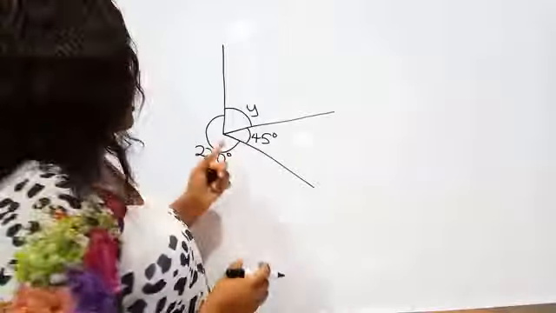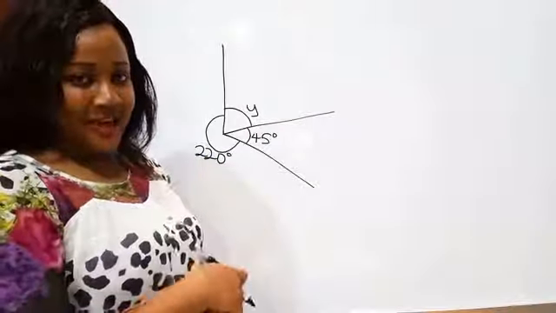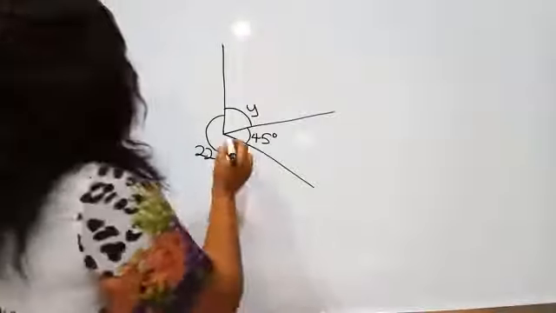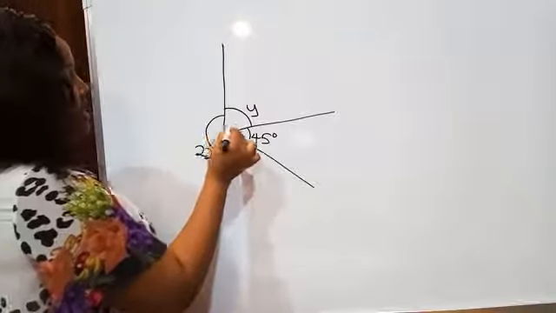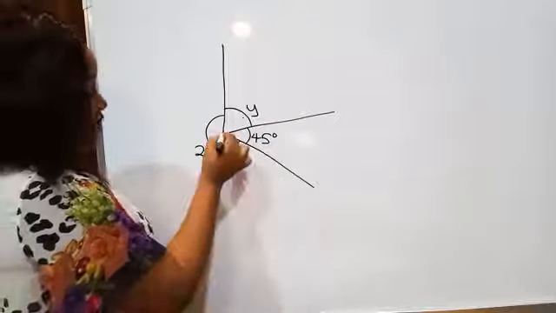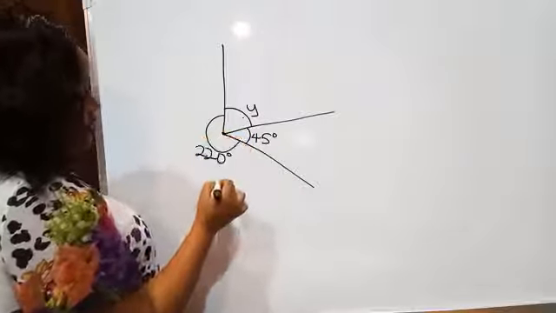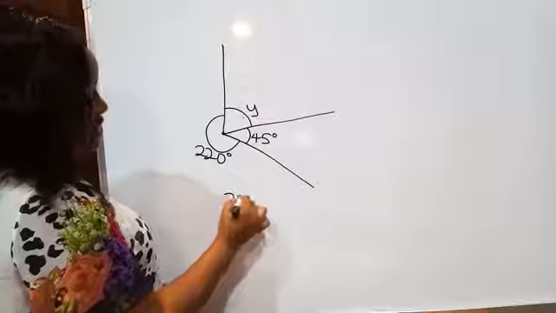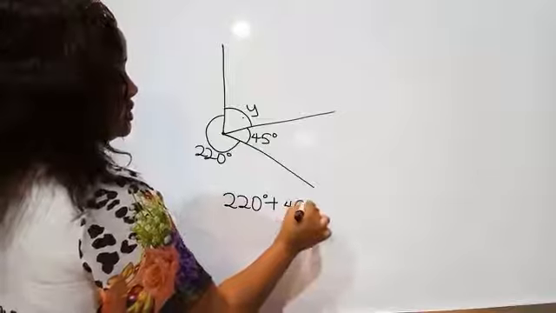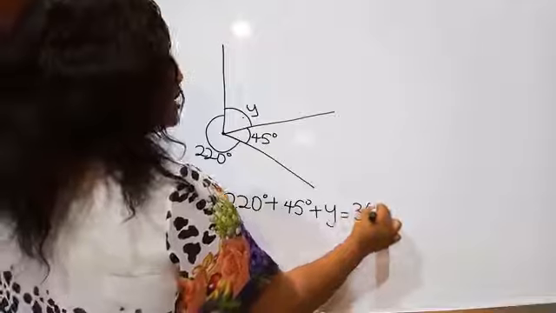So let's look at this question. Calm down. I know it looks scary, but we are learning. So now you can see that this is a point. So we're trying to find y. And we are given other angles that make up a point. So we have 220 degrees plus 45 degrees plus y equals 360.